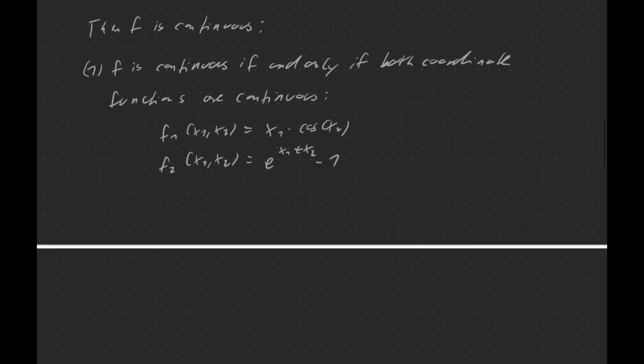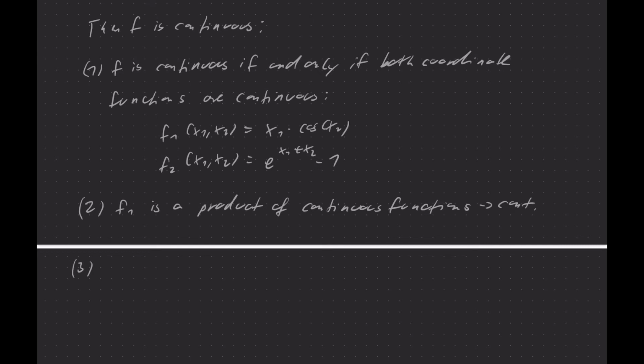Okay, second argument for f1. Obviously, this is a product of two one-dimensional continuous functions, and thus continuous. f1 is a product of continuous functions, and thus continuous itself.